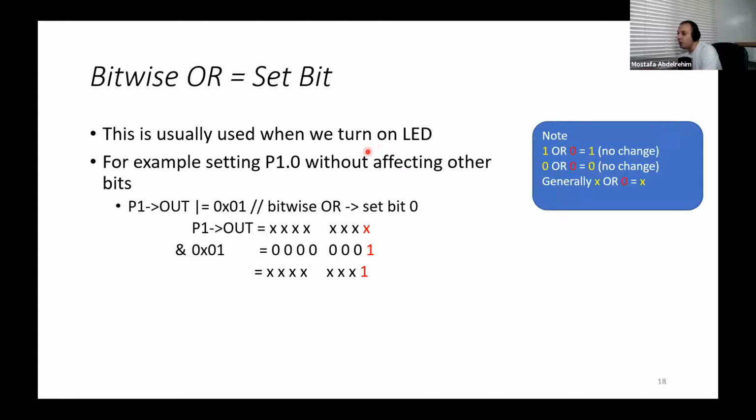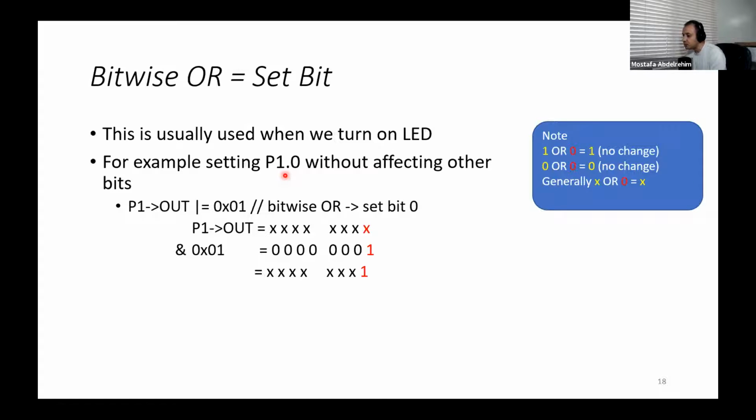For example, B10, the bit that we used in our last lab, we know that it's connected to LED 1 in the LaunchPad. So if we set its function as a GPIO and set it as output and send 1 to this bit, set it to 1, then we will turn on LED 1.